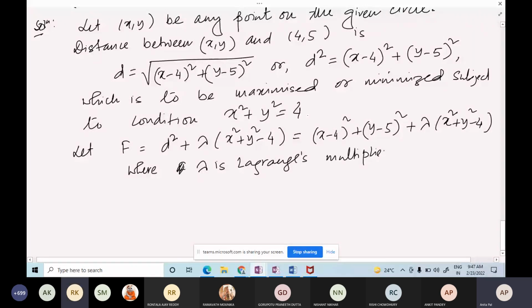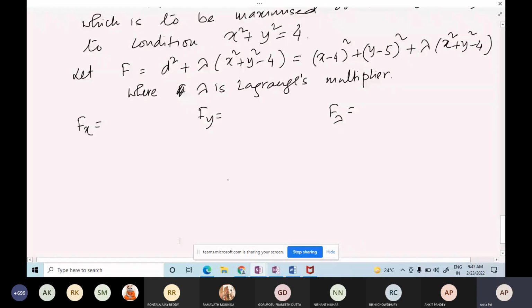Now like the previous sum, here also we have to find out what is fx, fy and f lambda. Now putting fx to 0, fy to 0 and f lambda to 0, we will get the stationary point. I'm not going into details, I'm just giving you the point.